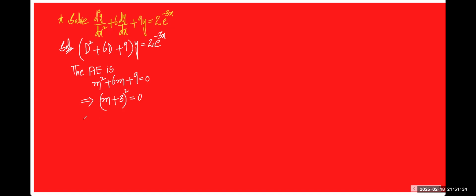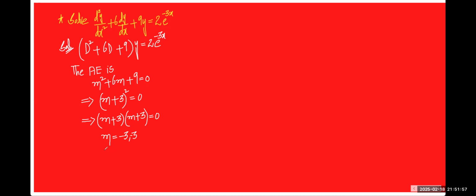It means we are getting two factors of m, that is m plus 3 into m plus 3 is equal to 0. It means m is equal to minus 3 comma minus 3.